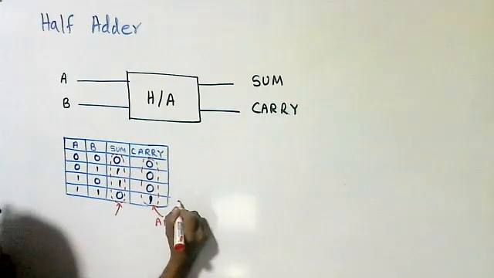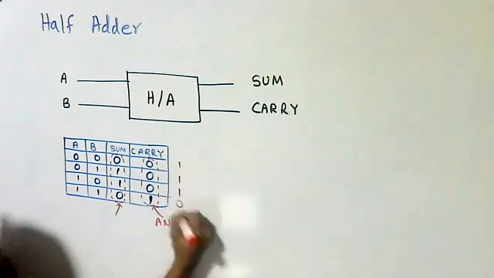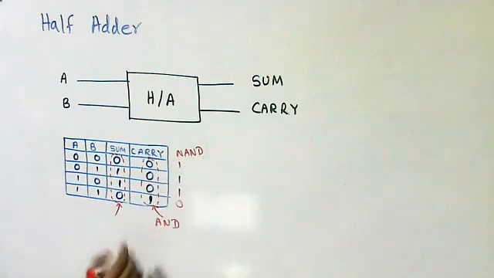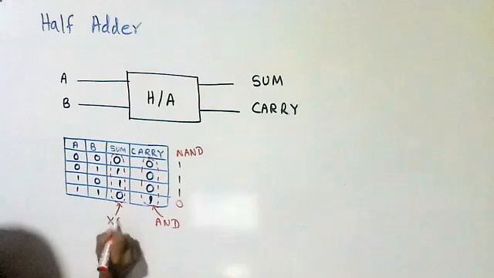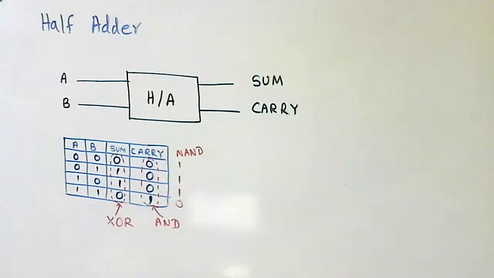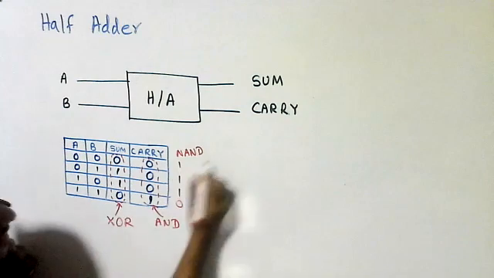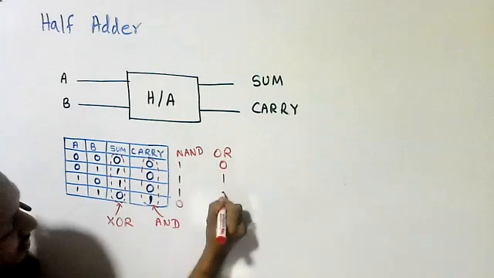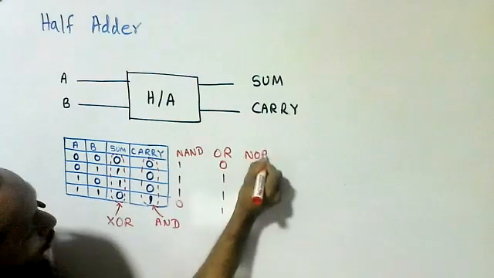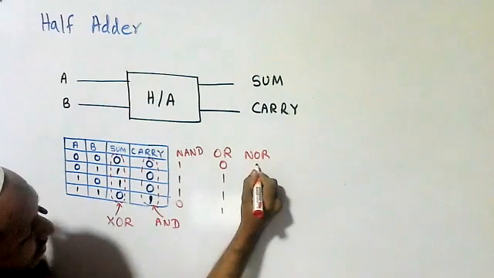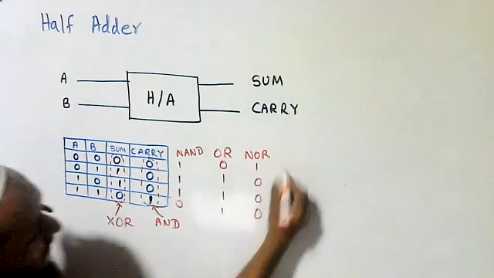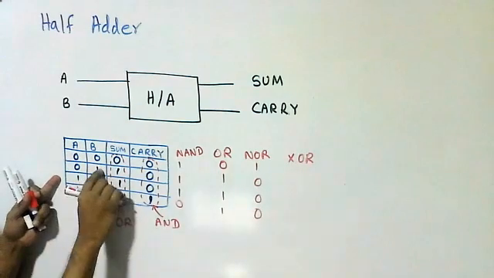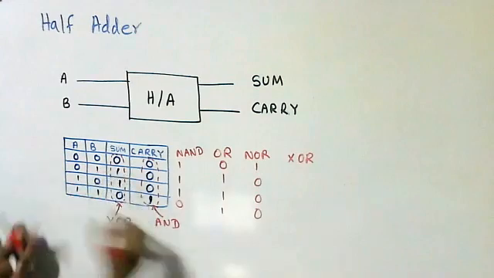NAND, what is the output? 1 1 1 0. This is the output of a NAND gate. XOR gate. Yeah, it is XOR gate. See, OR gate output is 0 1 1 1. NOR gate output is 1 0 0 0. XOR gate: whenever there is an odd number of ones, the output is 1.